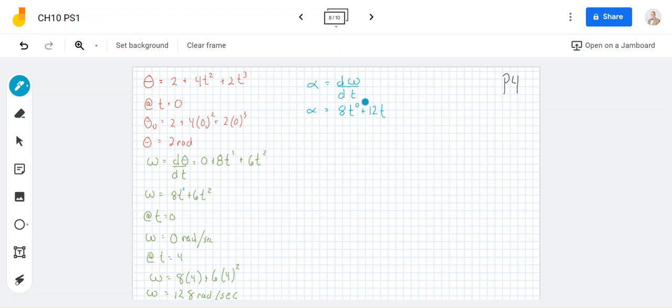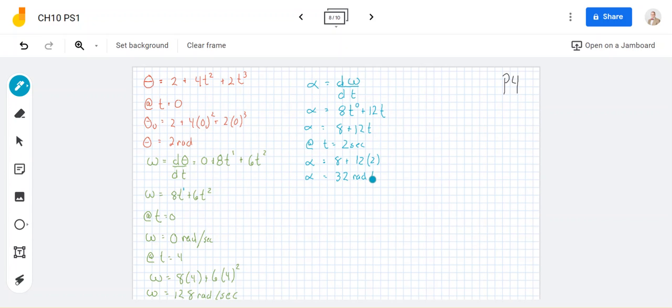So this is my function, t to the 0 is 1, so we could just rewrite it as 8 plus 12t. And they want to know at t equals 2 seconds. So I'm going to plug in 2. 12 times 2 is 24. 24 plus 8 is 32.